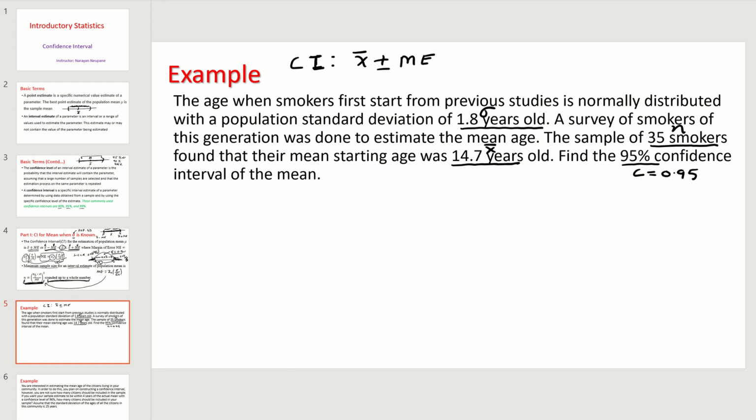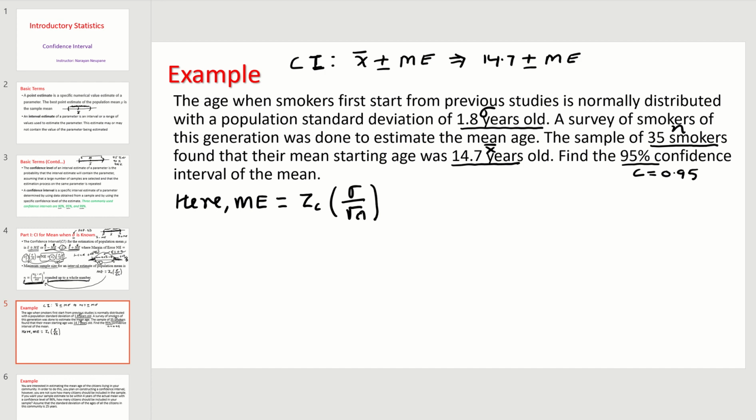You already have the point estimate, which is 14.7. So this is the same as 14.7 plus or minus the margin of error. So all we need to do is find the margin of error. So let's find that. Here, margin of error, if you remember the formula, is equal to z sub c times the population standard deviation divided by the square root of n.